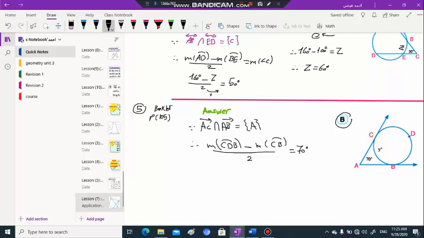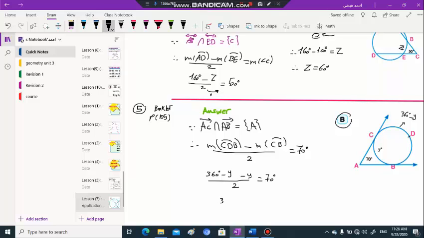We know that the measure of the whole circle equals 360. So if arc CB is y, the measure of arc CDB will be 360 minus y. So the measure of arc CDB will be 360 minus y, and the measure of arc CB is y, so minus y again, divided by 2 equals 70 degrees.